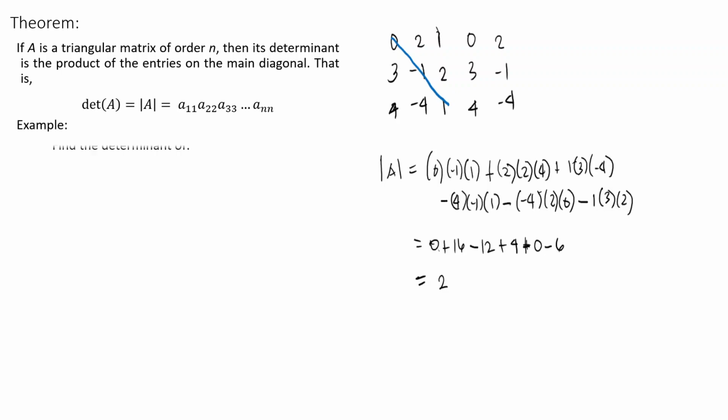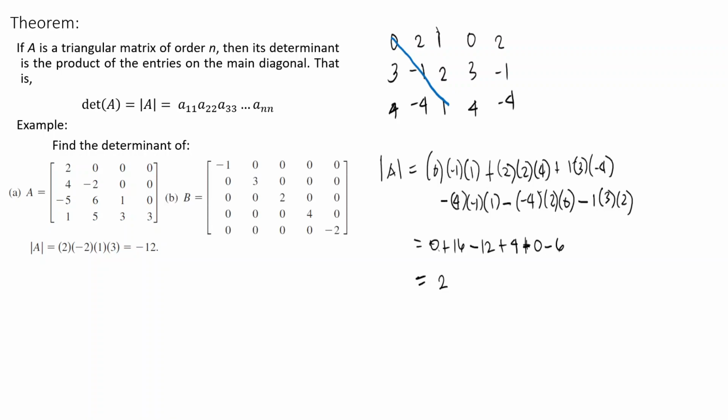For example, find the determinant of this matrix. So notice that this is a triangular matrix, a lower triangular matrix. Then to get its determinant, we simply multiply the entries on the main diagonal. So we have 2 times negative 2 times 1 times 3, which is equal to negative 12.